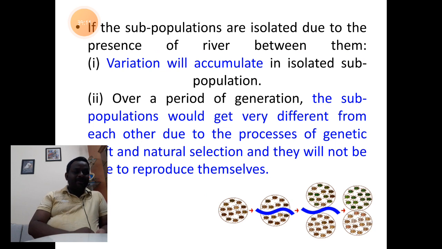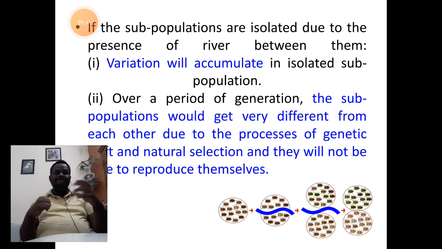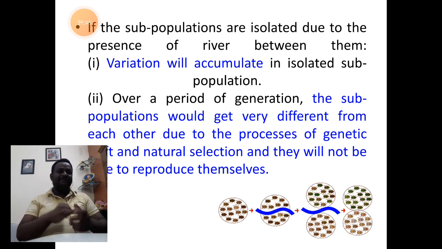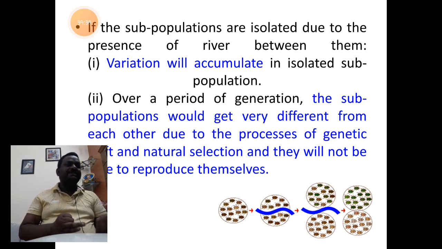Newer species here amongst the red beetles is due to factors. Number one, variation that accumulates in them. Okay, change in the genes that gets accumulated in them. Number two, these variations were selected by nature.